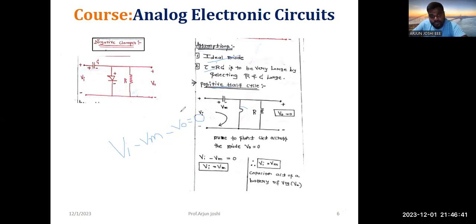Here V0 is equal to 0. What is going to come? Vi minus Vm is equal to 0. Means Vi is equal to Vm. This is the equation for input voltage. Vi is equal to Vm.